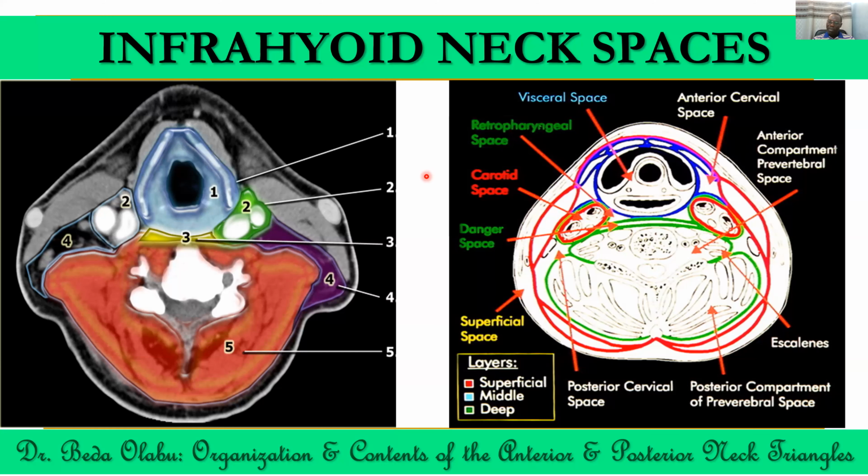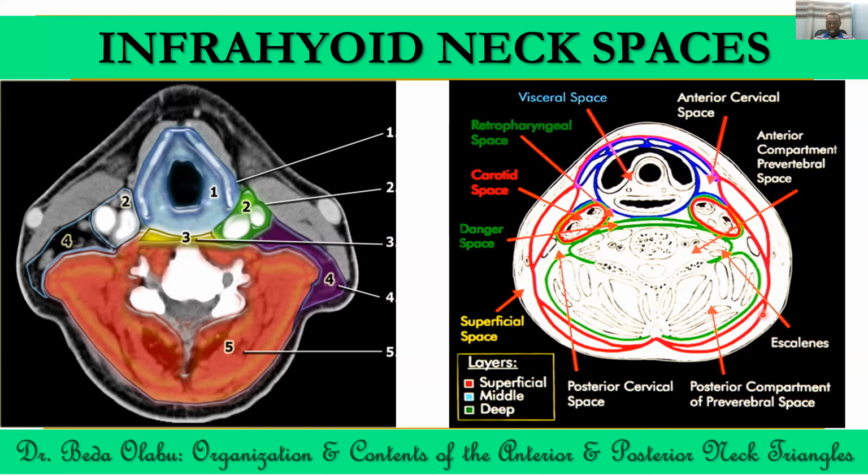The neck spaces come about as a result of the fact that the deep cervical fascia has several layers, and so it compartmentalizes regions of the neck. We have 3 layers of the deep cervical fascia. Superficial layer of the deep cervical fascia is the one that appears red here. It is called the investing fascia of the neck.